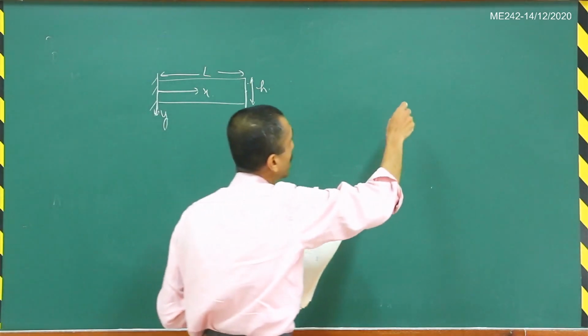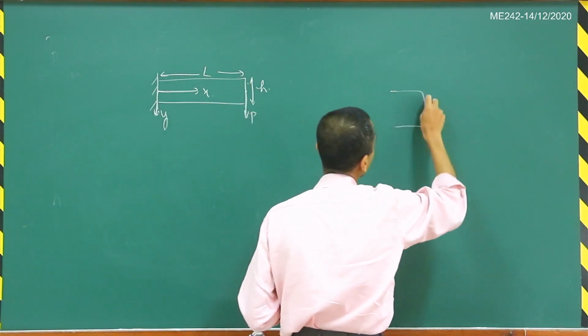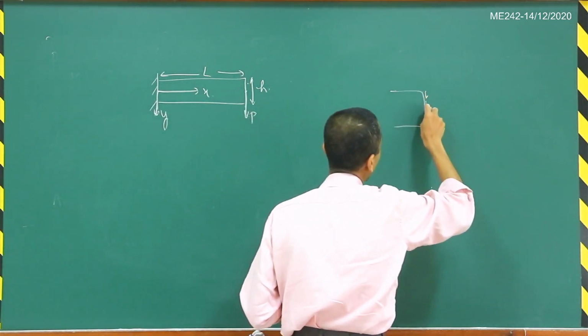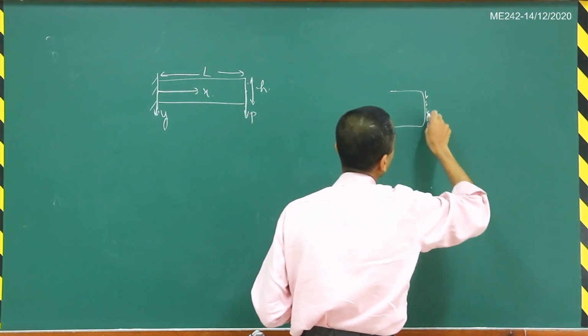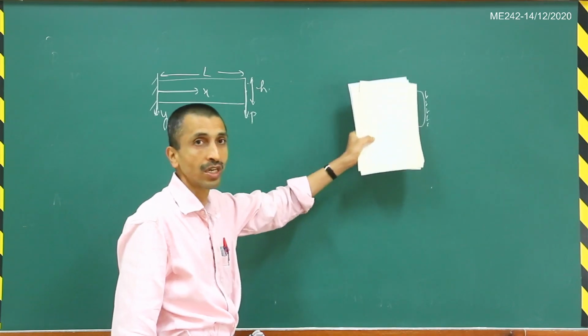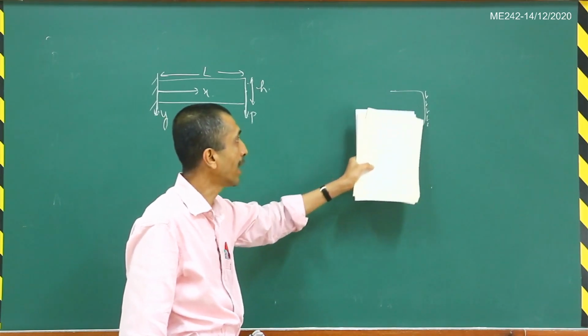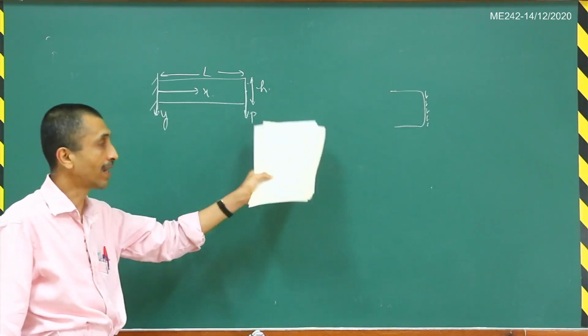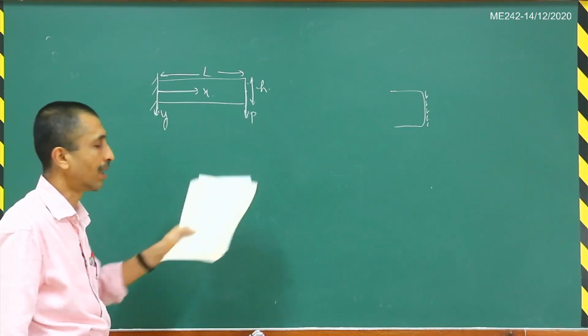So if I draw this right edge here, then there is some distribution of shear tractions here, and when you integrate all these shear tractions on this particular edge, the resultant of that integration will be this P here.